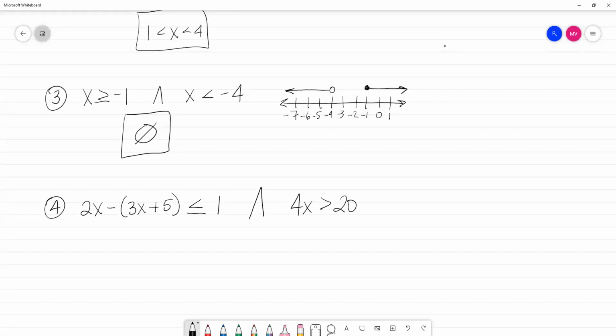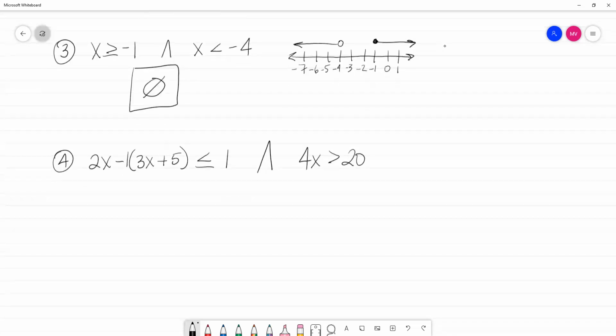So let's simplify. Remember, if you have a negative outside parentheses, you're distributing a -1. So this is 2x, and then -1 times 3x is -3x, and then -1 times 5, -5.